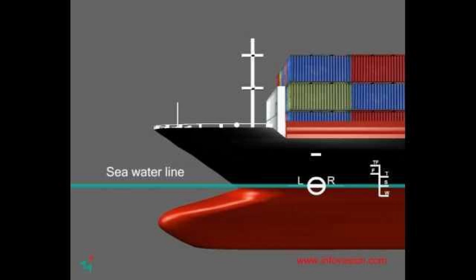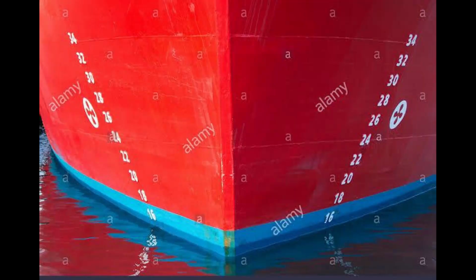Now whenever a ship enters the seaport, it is likely to submerge in the water. It can even sink in the water. So for safety measures, all ships have markings on their hull. There's a marking, mostly a red line, on the ships.